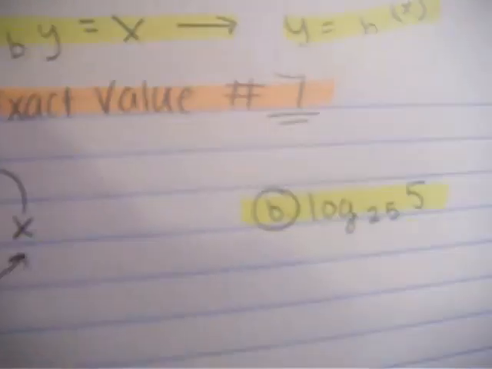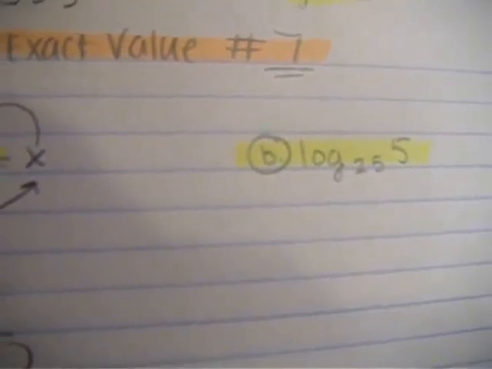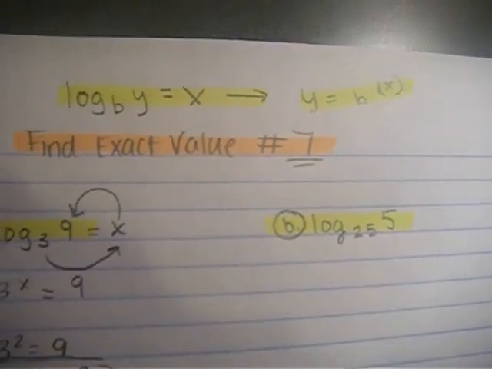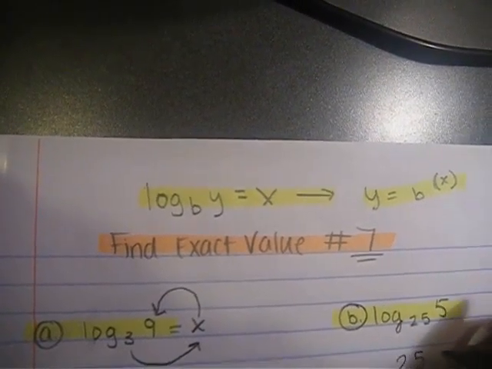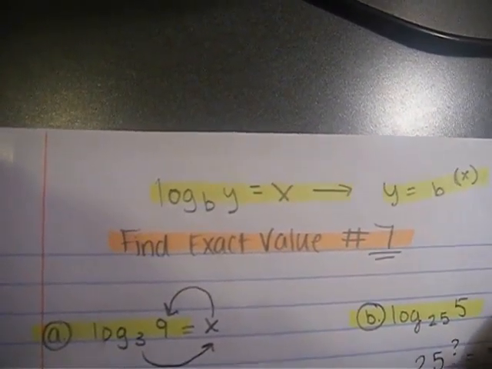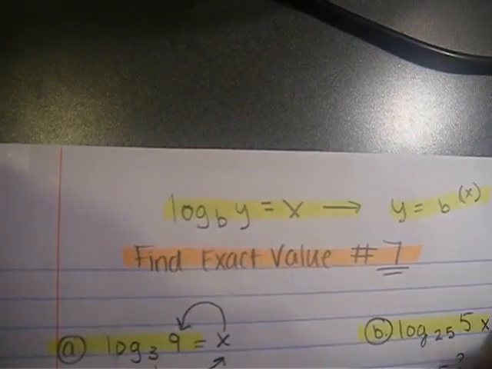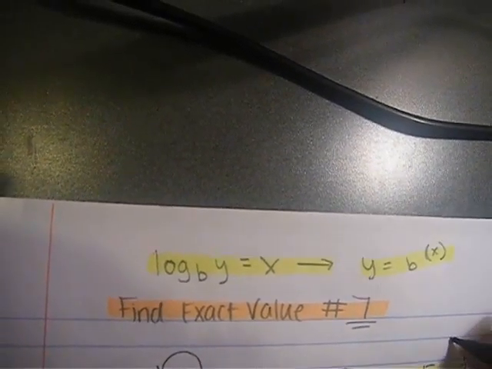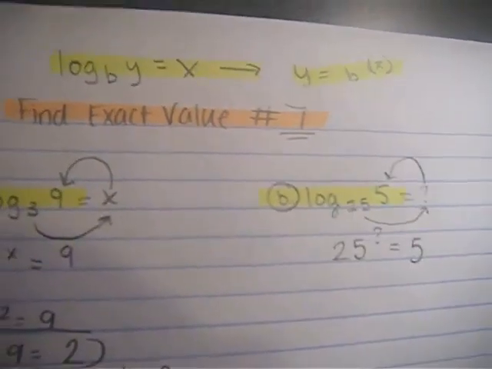So this is correct. Now the next one is log with a base of 25, and our y is a 5. So how we're going to set this up is take 25, and you can look at it with your clock. 25 raised to what will equal 5.